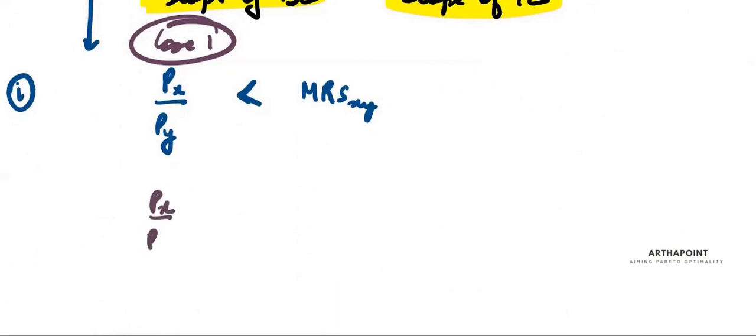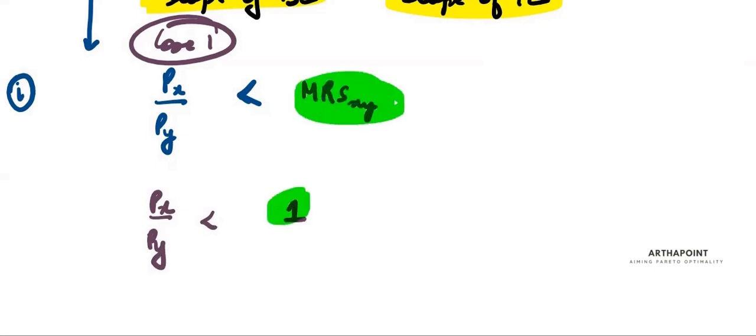So my first case is when Px by Py is less than MRS. Here, I can rewrite this as Px by Py less than 1, because my MRS is just 1 in this case. This gives me Px less than Py.